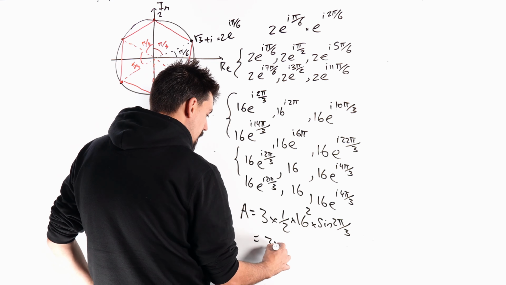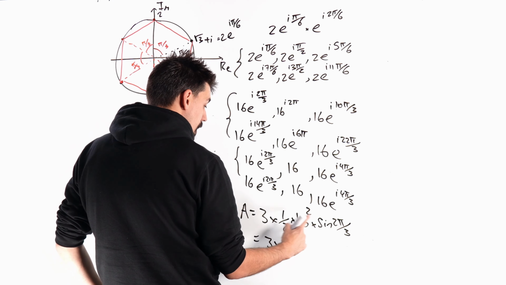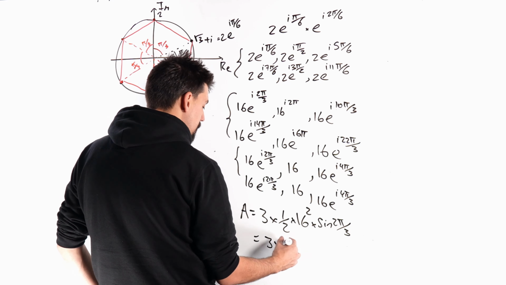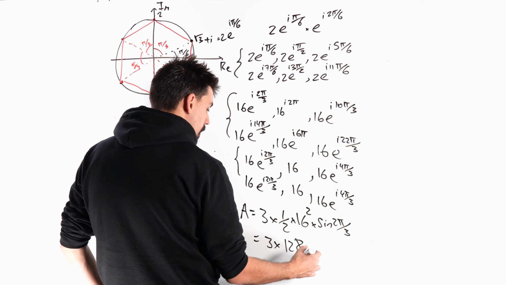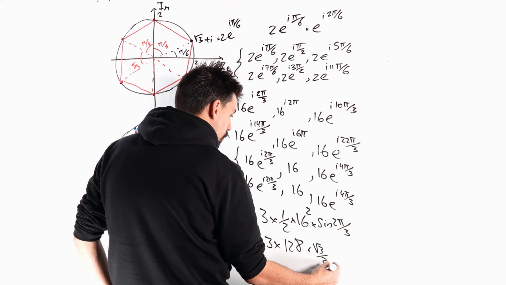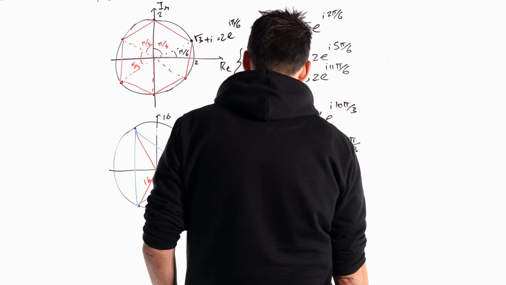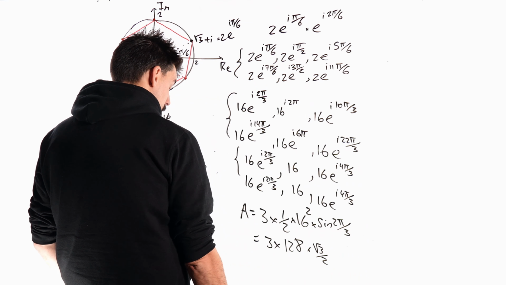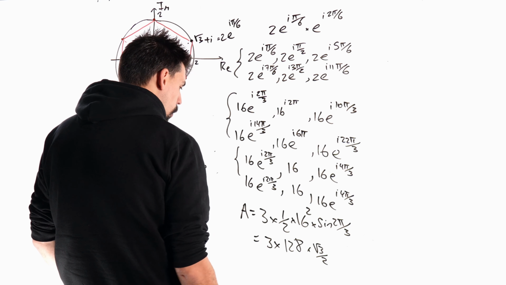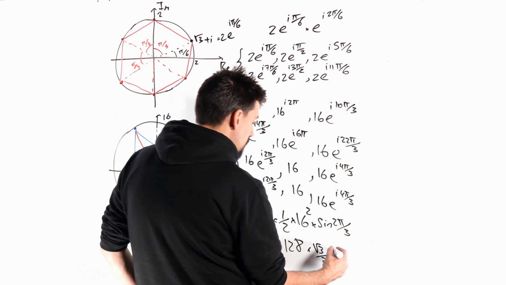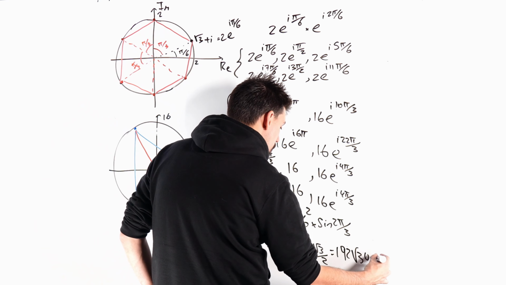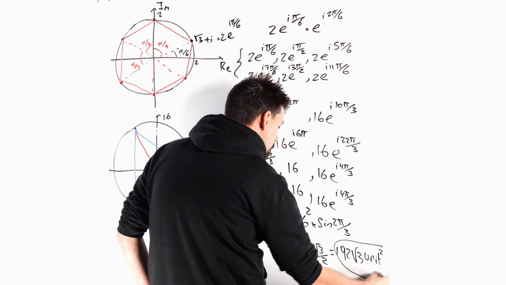That's 3 times 8 times 16, 128, times sine of 2 pi over 3, which is root 3 over 2. Which is, a half of 128 is 64. 3 times 64 is 192. So I do believe it's 192 root 3 units squared.